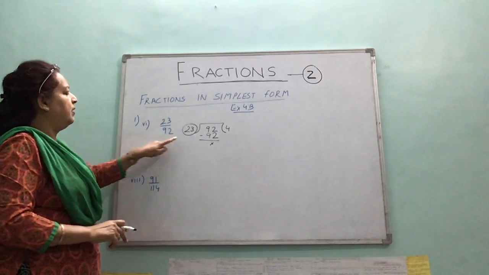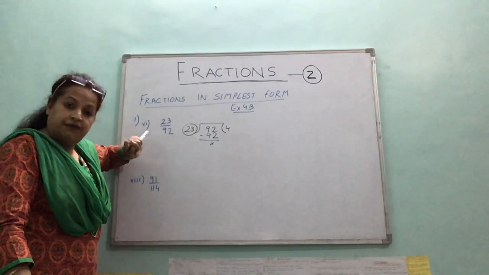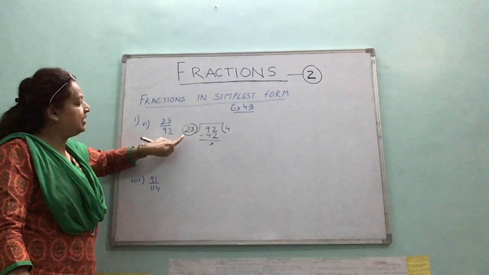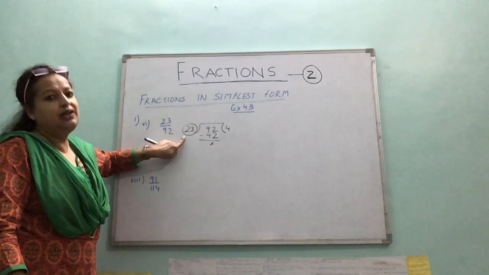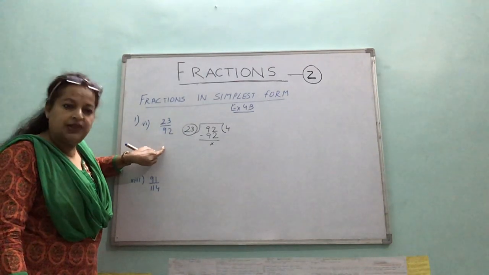And you have to tell whether it is in simplest form or not. If HCF is 1, then it is in simplest form. Since HCF is 23, it is not in simplest form. Both numerator and denominator will be divisible by 23.